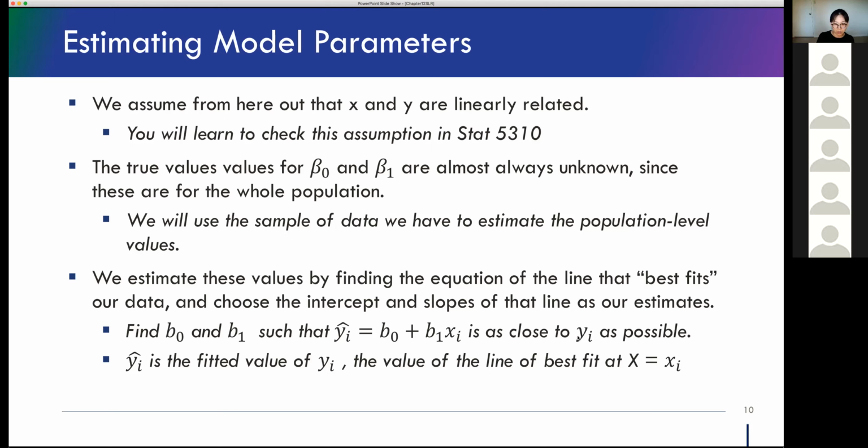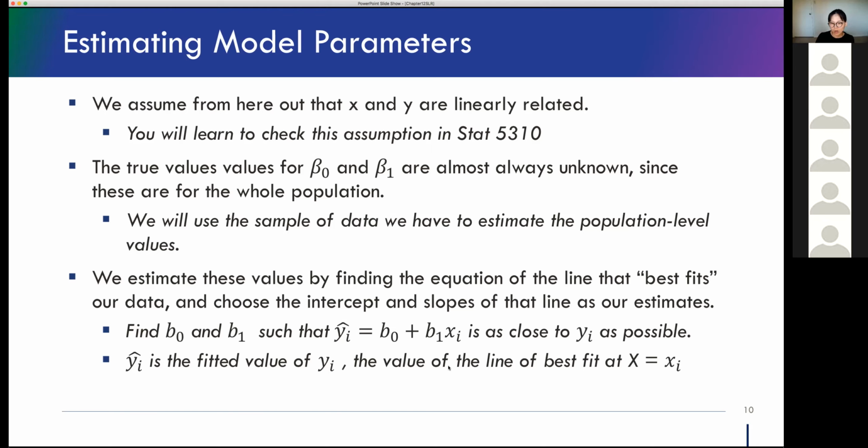So yi is our data, right? We want the predicted value to be as close to our observed value when we are estimating B0 and B1. Well, yi hat is the fitted value. Fitted value is a more precise way to say y hat.